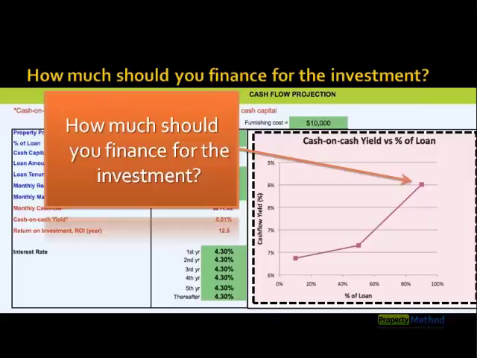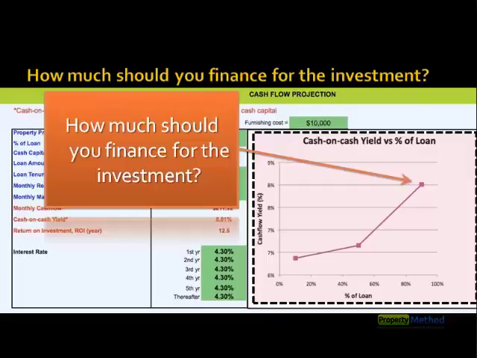This chart of cash-on-cash yield versus the percent of loan illustrates the change in cash-on-cash return when we borrow 10%, 50%, and 90% from the bank. So this is an important indicator to show if an investment is worth financing or worth borrowing from the bank.